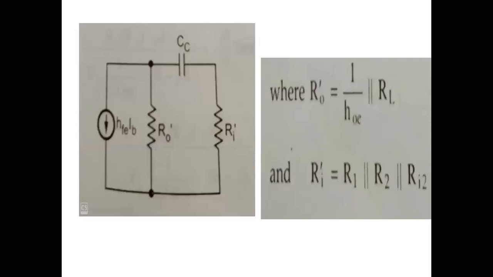Ro dash is the parallel combination of 1 by hoe and RL. Ri dash is the parallel combination of R1 and R2 and the input resistance. In the figure, we have the current source and two impedances. Hoe is the output admittance, so 1 by hoe is the impedance, in parallel with RL. That is Ro dash.